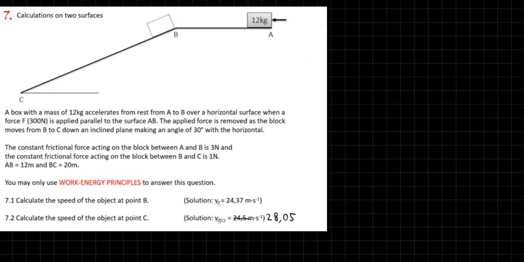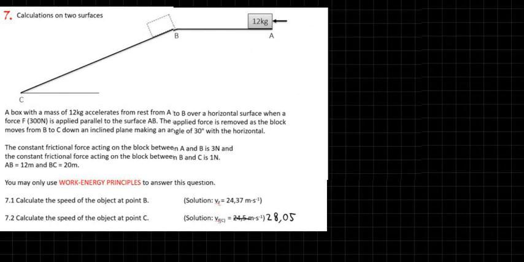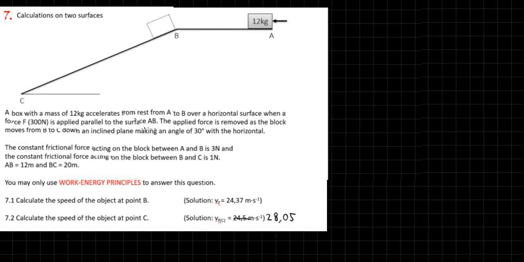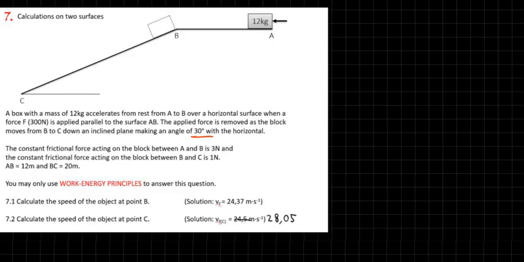So from the question, we can see that the angle the incline makes with the horizontal is 30 degrees, so we can put our 30 degrees angle there. The distance AB is 12 meters, and BC is 20 meters.